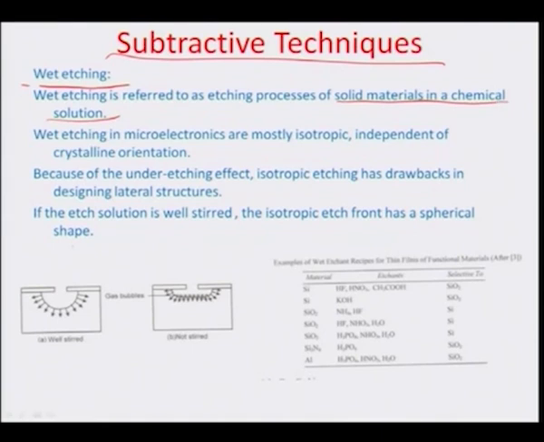When you talk about wet etching in microelectronics, mostly the etching processes are isotropic or homogeneous in nature, meaning that the etch rates would be independent of direction, homogeneous in all directions, and also independent of the crystalline orientation.